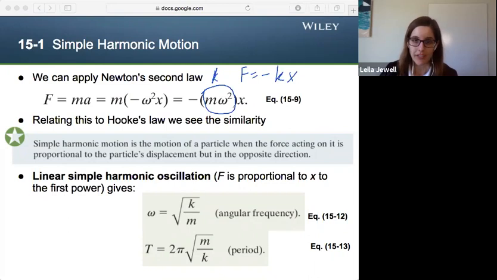And so if we have this linear simple harmonic oscillation, like a mass on a spring, that's a great example to think of, then we can use the Hooke's law comparison, say that k is equal to m times omega squared.